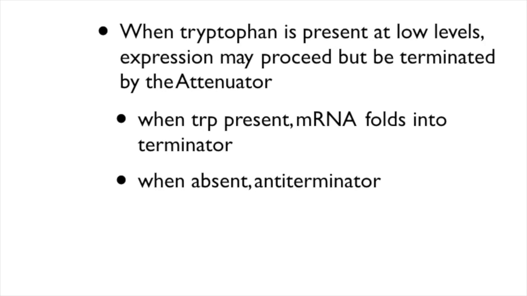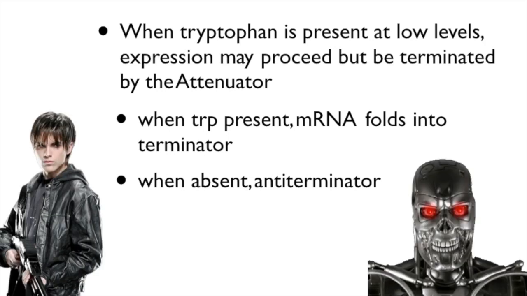And as it does, there is a portion in the region of the attenuator that is influenced, or it influences the process of transcription when tryptophan is present. Okay, so this messenger RNA folds into a configuration called the terminator that actually terminates the process of transcription.